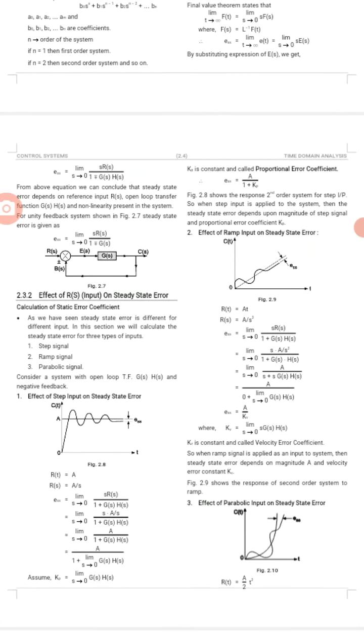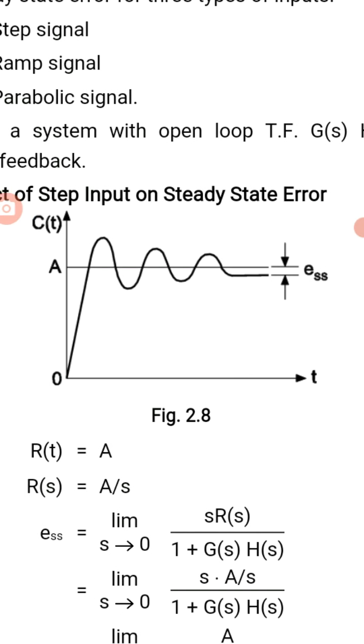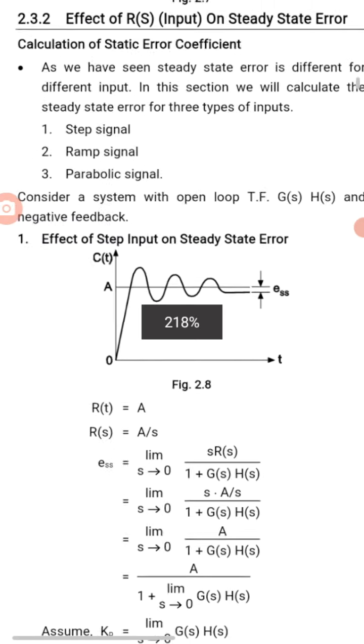In this figure you will find that the steady state error is ESS. After settling, the error is called the steady state error.